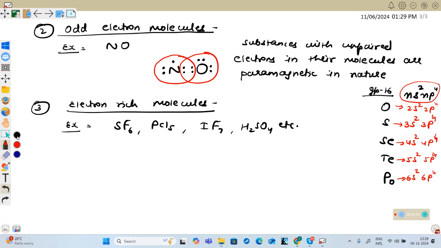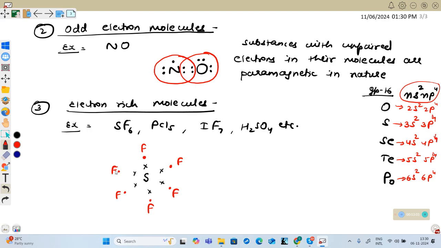Now sulfur has 6 electrons in the valence shell. I'm making them with crosses: 1, 2, 3, 4, 5, 6. It will share 1 electron with each fluorine. It can expand its octet. I'll explain why some elements are able to expand their octet: because they have vacant d orbitals.